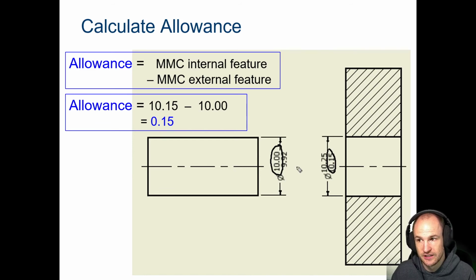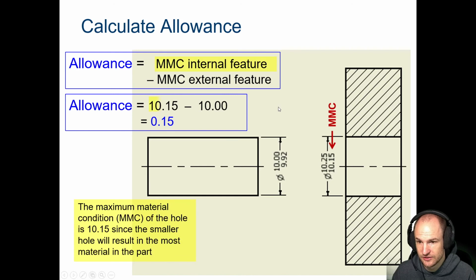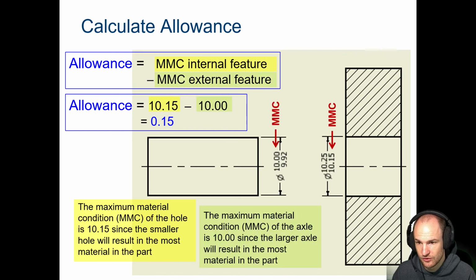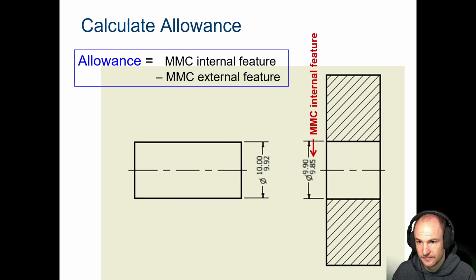To figure out if there is an allowance, you would take the maximum material condition of the internal feature and subtract it from the maximum material condition of the external feature. And if the number is positive, you have a clearance fit. All right. So that is how we get the clearance fit. And I just did that all with my marker, and that's fine.